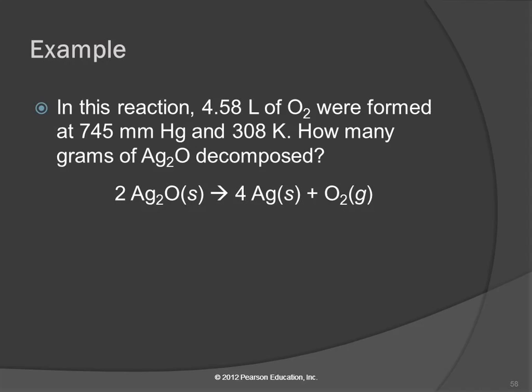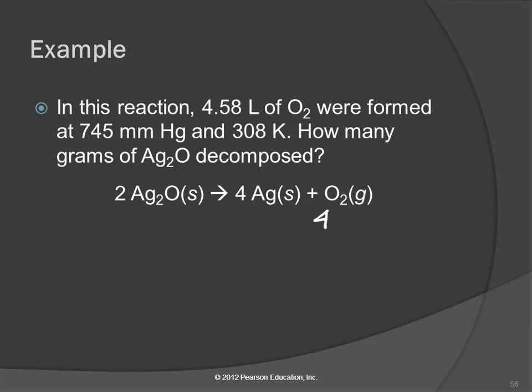Let's do an example. In this reaction, 4.58 liters of oxygen were formed at 745 millimeters of mercury and 308 Kelvin. How many grams of silver oxide decomposed? So I'm going to revert back to what we did with stoichiometry and write the information below the balanced chemical equation.